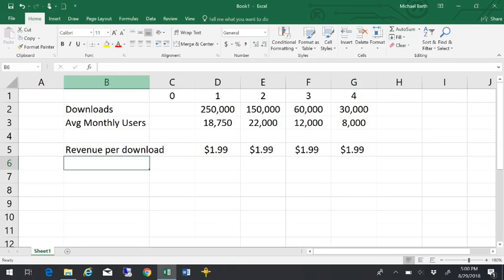That's the revenue for the download. Then there's the revenue per monthly user, and that's per month per user. So that's going to be the advertising will be 78 cents a month.